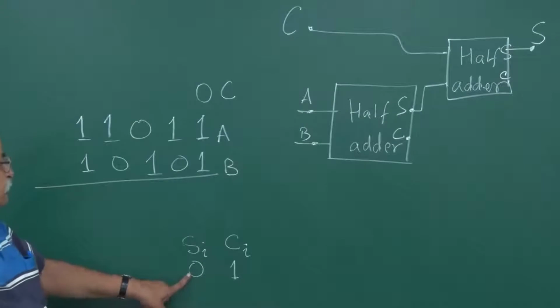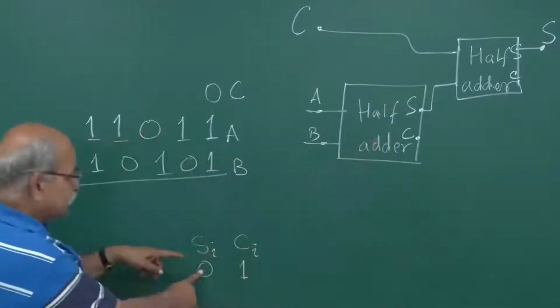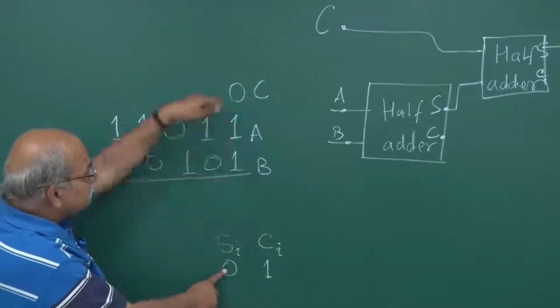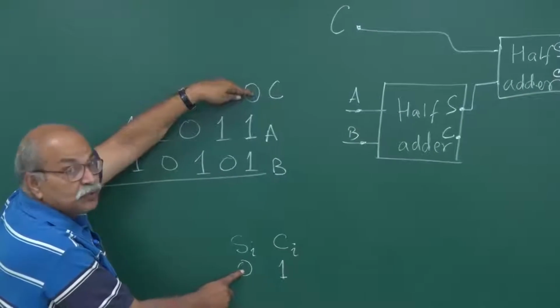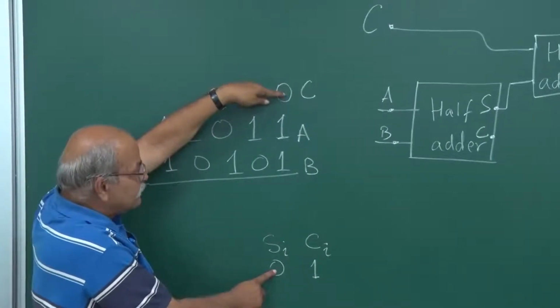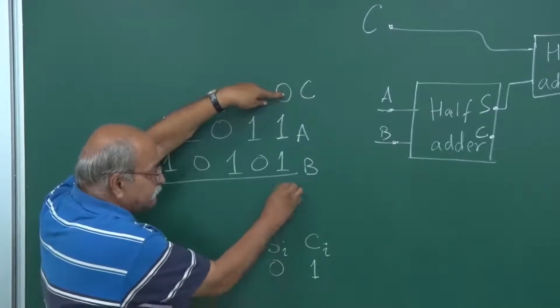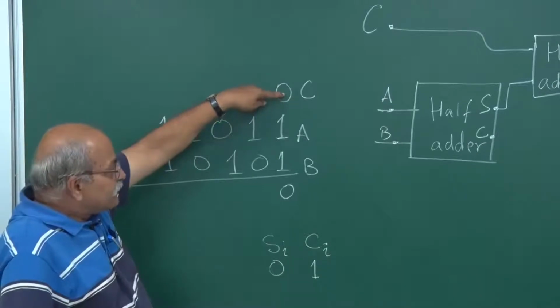Check. This is the output of this first half adder, which is 0, and then the carry is 0, 0 and 0. If you do this half adder thing, that will give you sum as 0. So this is the sum. And how do you get the carry, final carry?